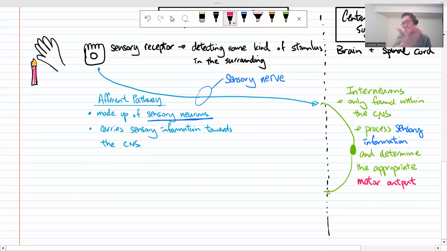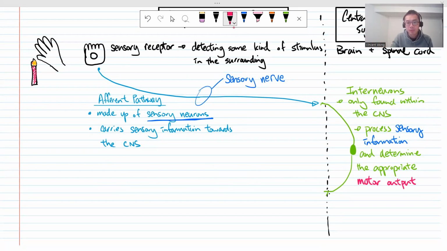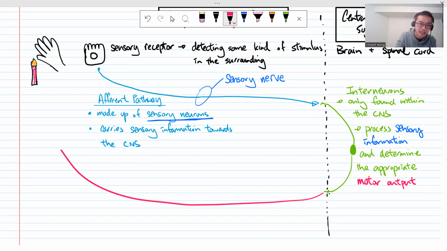So now, what's the appropriate action here, right? Obviously, to remove your hand. So the interneuron is gonna send a signal back to the hand in this case. Okay, it's more like to the arm, but you get it, to remove your hand. So this here is called a motor nerve, right?